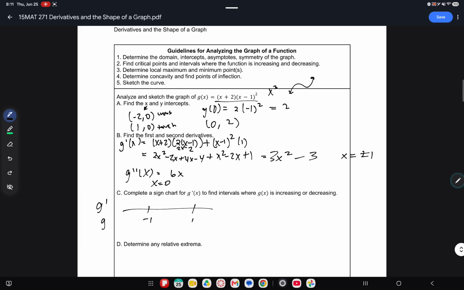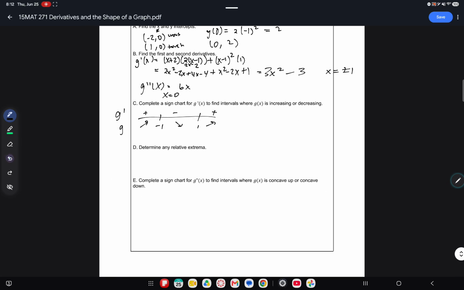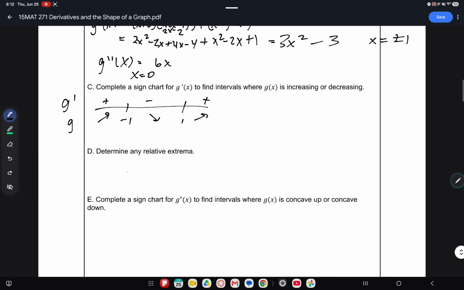So if I do 0 into the first derivative, I get negative. So there's my increasing and decreasing. And then let's do second derivatives down here. Okay, determine any relative extrema. So we do have some sign changes. So let's see, we have a maximum at -1 and a minimum at 1.